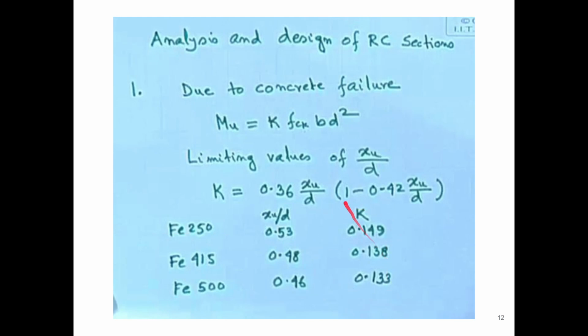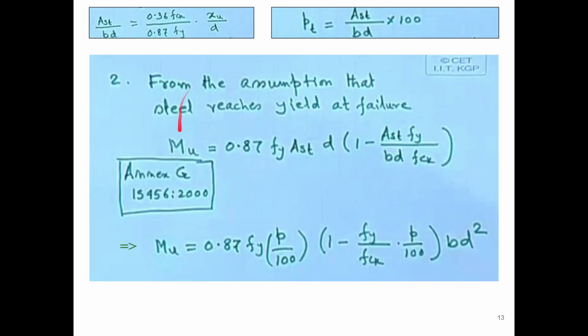All these three formulas are important, so if possible, write them down separately. Second, from the assumption that steel reaches yield at failure, we calculate using Mu equal to 0.87 Fy AST into d minus 0.42 x, and substituting we get this equation, AST by BD into Fy by FCK.